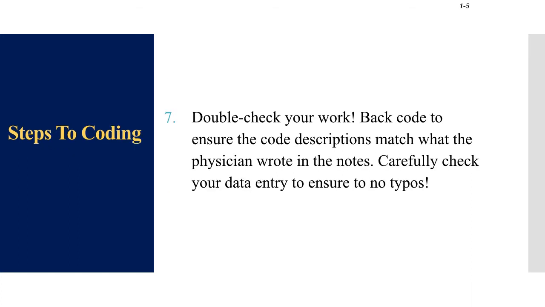Always, always, always double check your work, okay? Go back and double check the codes from the coding manual, or if you're using an encoder, it doesn't matter. But remember that we all get occasional, I call it finger dyslexia, okay? You know, where you're typing in a phone number, for example, and you accidentally type in two numbers in the wrong order, okay?